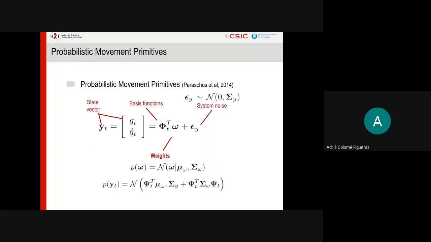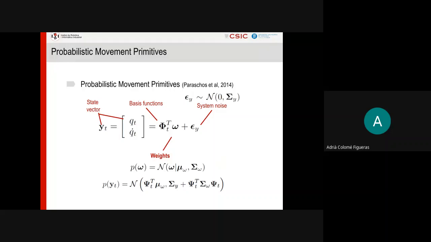And what they do is somewhat similar to the dynamic movement primitives, in that it is a linear model. Here the state vector, which can be position and/or velocity, is the weighted sum of some kernels or basis functions times some weights, plus a system noise.